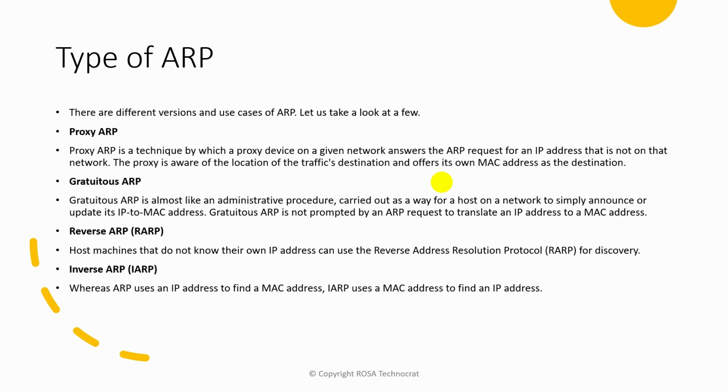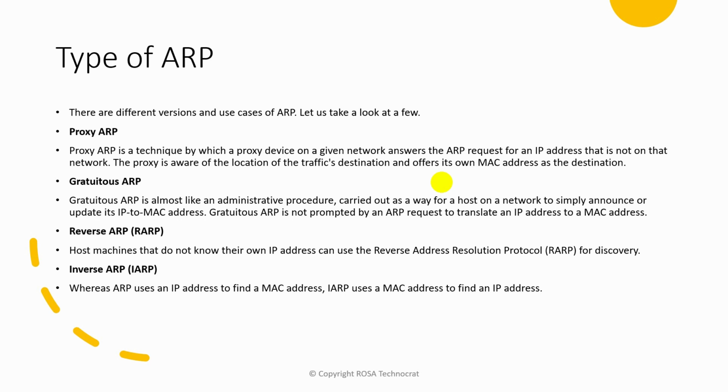Let's first talk about the different types of ARP, or the various versions of ARP. You might have heard of proxy ARP, gratuitous ARP, reverse ARP, and inverse ARP. These are the various versions of ARP.